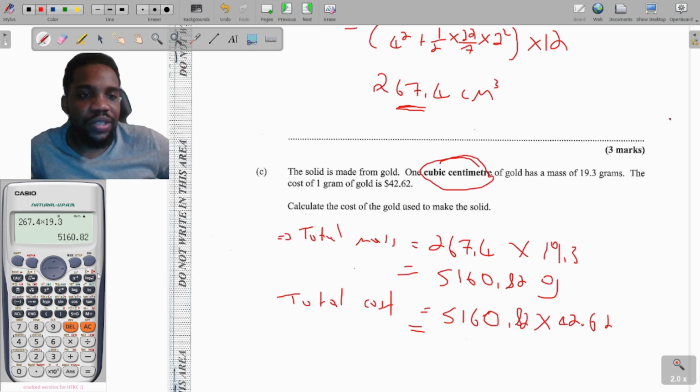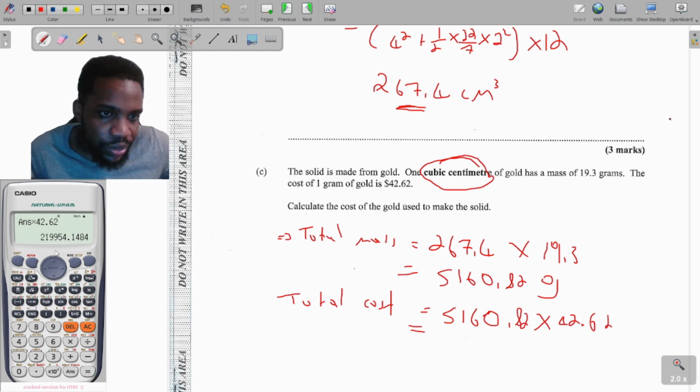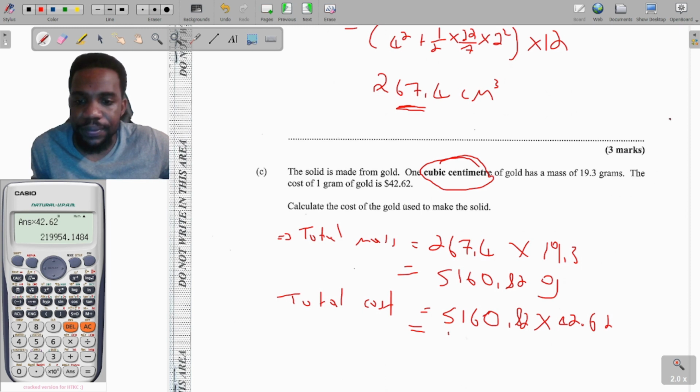Don't forget the units. I have that in there already. So I'm just going to say multiplied by 42.62. And that's $219,954 and 15 cents.